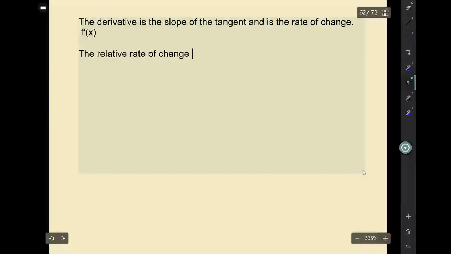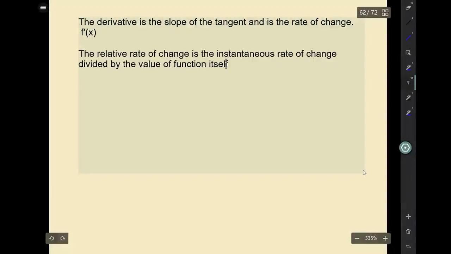The relative rate of change is the instantaneous rate of change divided by the value of the function itself.